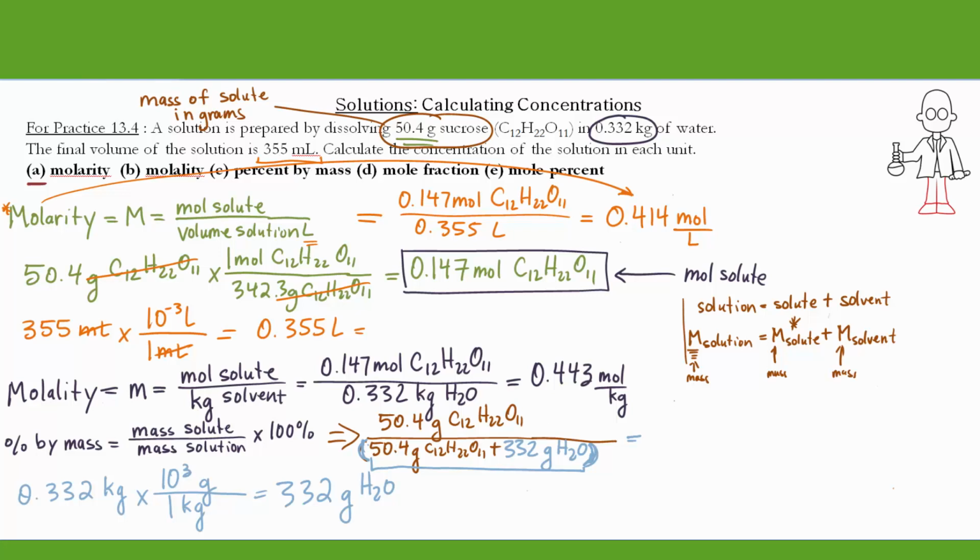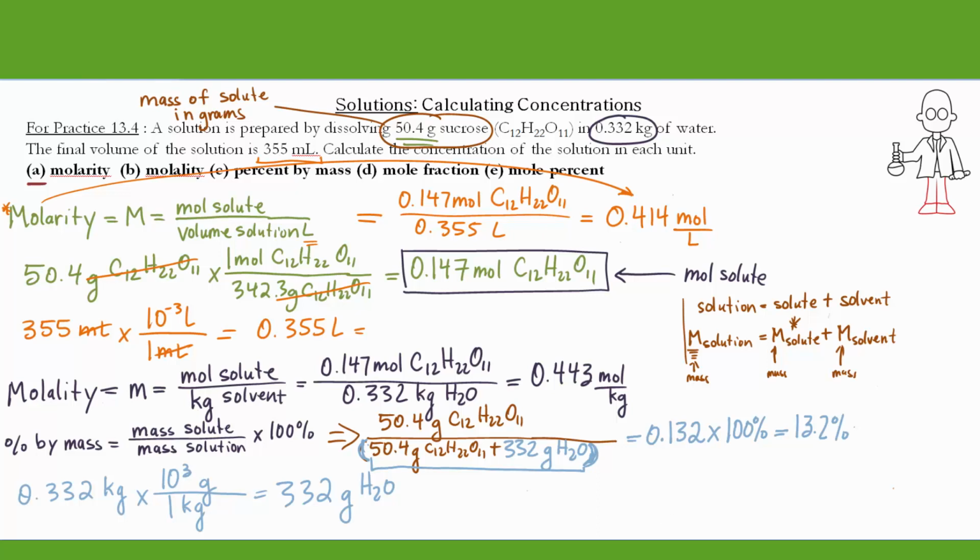And that winds up to become 0.13, rounded to 2. And we want to multiply that by 100%. So the percent by mass is actually 13.2%.